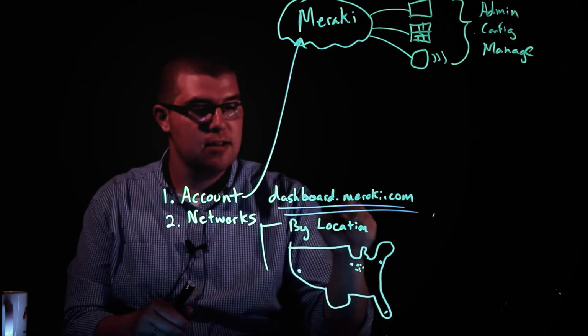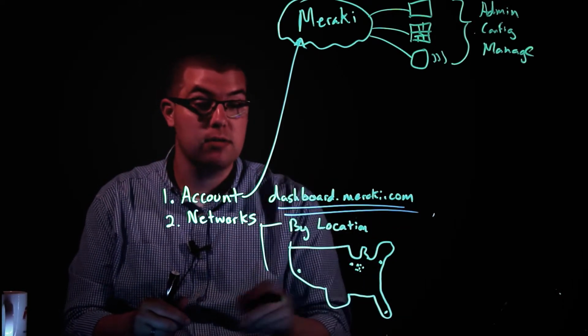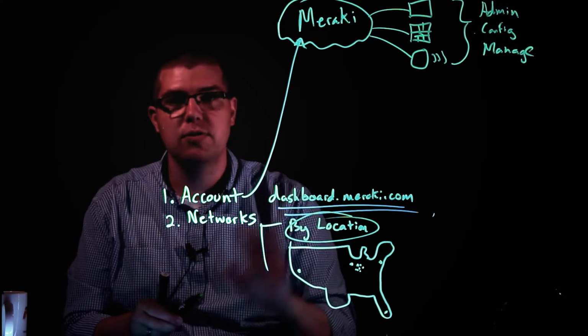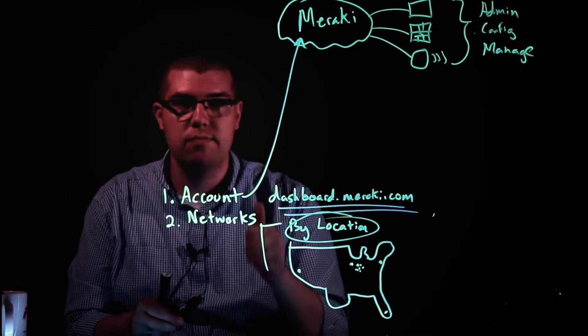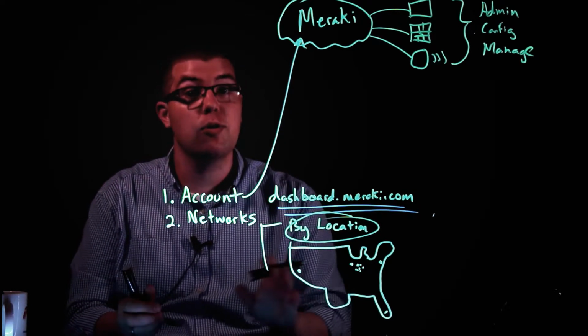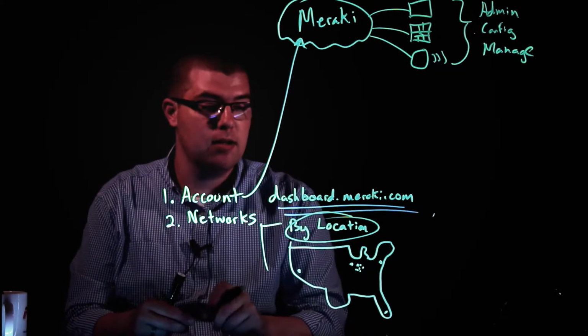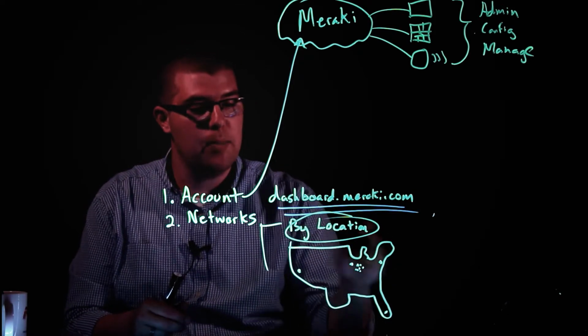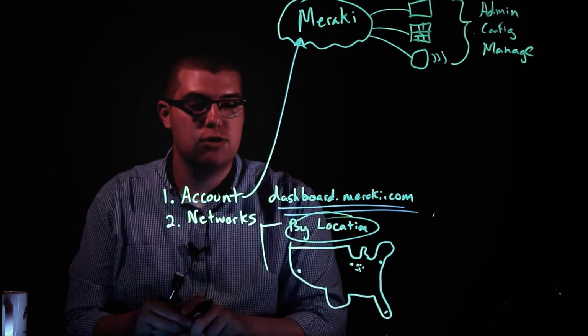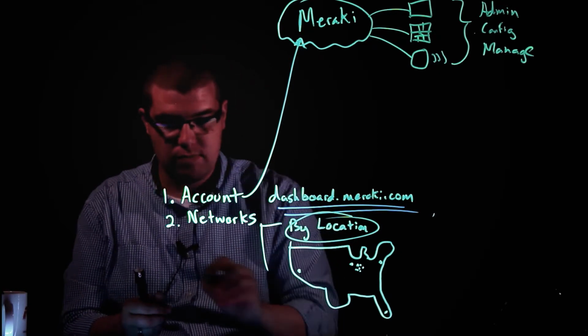In either case, we can plot each of those networks, or if you've made them by location, each of those locations on a map and just give a simple green, it's doing good, yellow, maybe there's some degraded performance, or red is totally offline. We need to figure something out. So a great way to monitor your networks and kind of divide up your devices. Let's determine it by physical location.